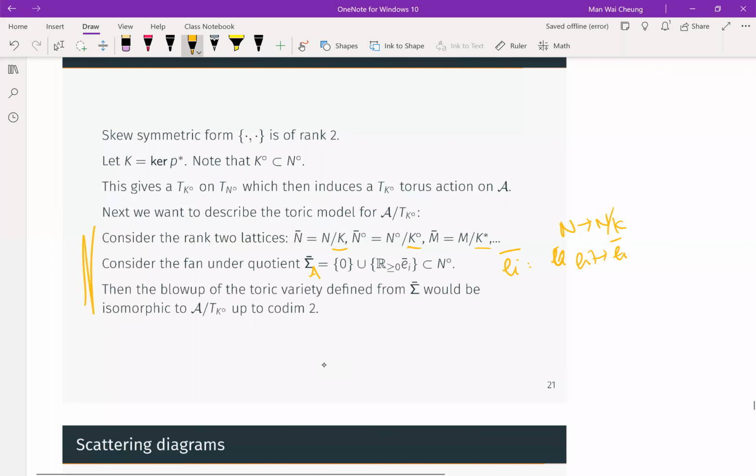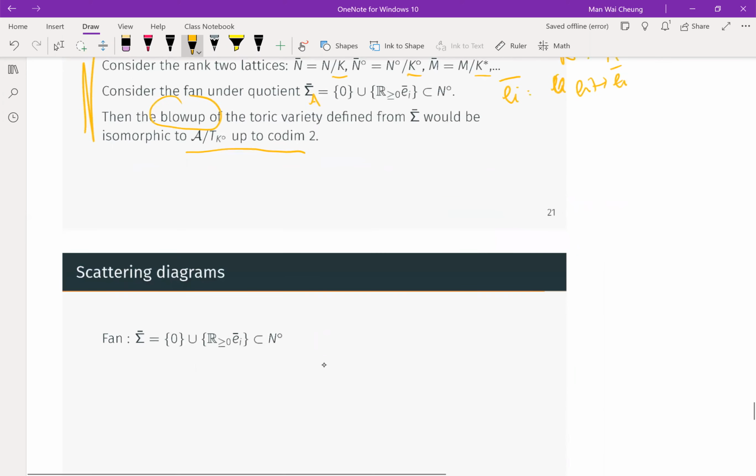We look at the blow-up of the toric variety, and taking out the boundary divisor, that will be isomorphic to this quotient up to codimension 2. So we have this torus model. The next thing we want to look for is the scattering diagram associated to this blow-up of the toric variety. So this is our fan.